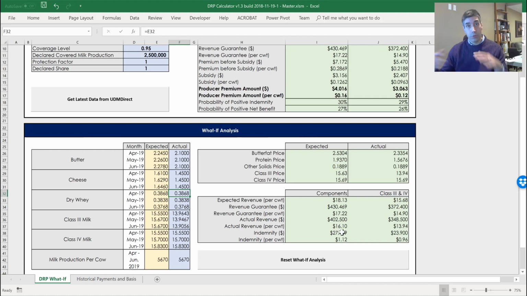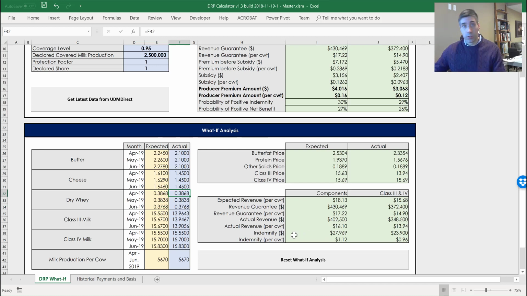Why? Because if you do actually protect higher protein, higher butterfat, as prices of those components decline, your indemnity rises at a faster rate, as it should, because probably your milk check is also falling at a faster pace than the class price as well.